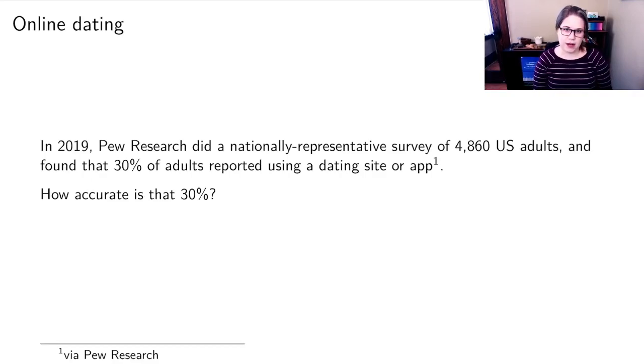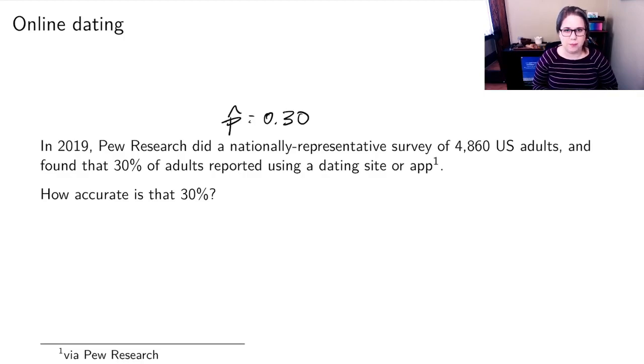So if I needed to write out in notation, I could say that p hat is equal to 0.30 because that was a sample, not the entire population. It's not all US adults, but it was a nationally representative survey. So then the question is, how accurate is that 30%?